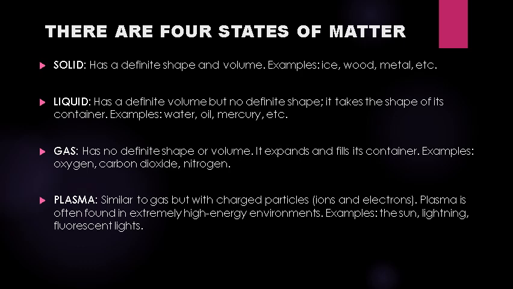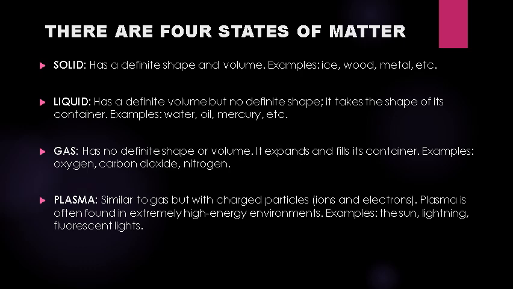So gas, one property of gas, it has no definite shape and it has no definite volume. It means that it occupies and expands to fill the container that carries it. Examples are oxygen, carbon dioxide, nitrogen, and so many other gases.